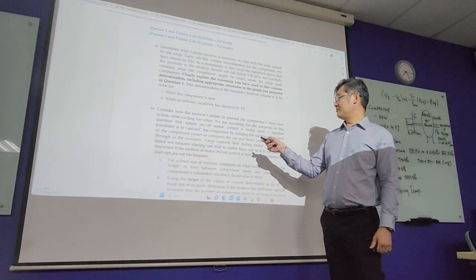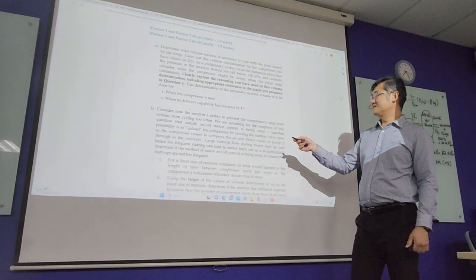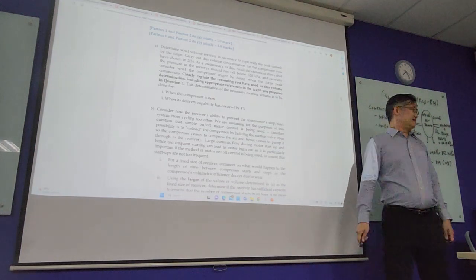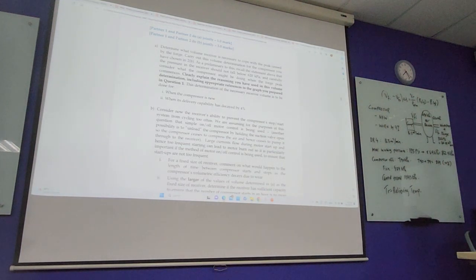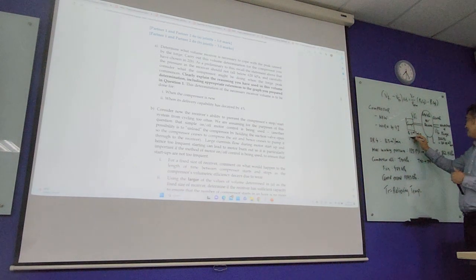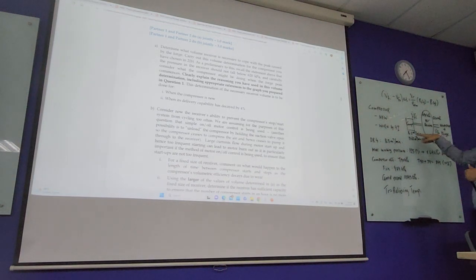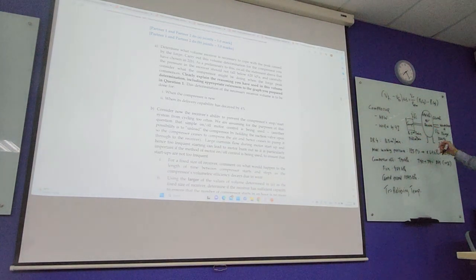When the delivery capability has decayed by 4%, out of 16.3, what will be your value after 4% decay? 15.65, yes, very good. So in your project, you have to show these two: one is the new value, new compressor, and one is the decay value.